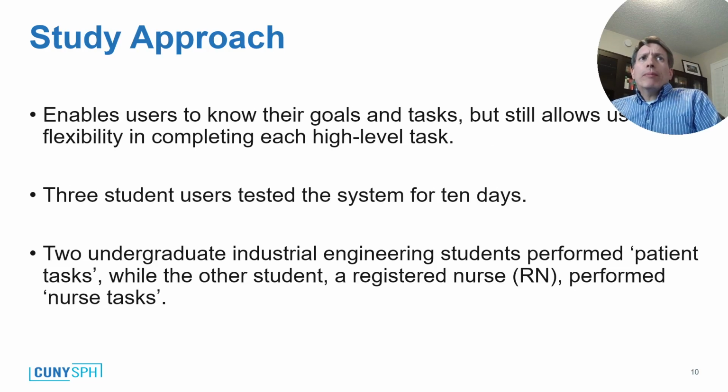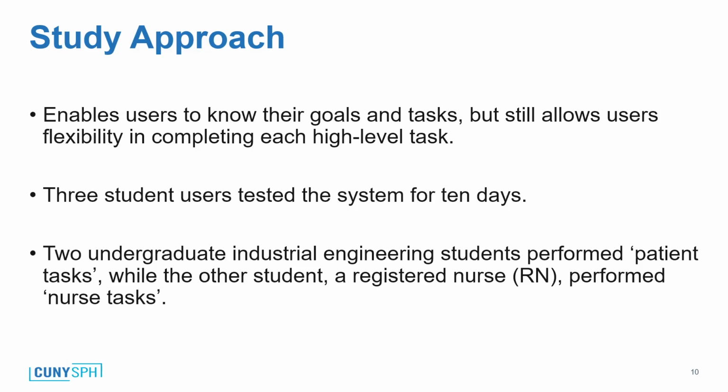Then what is the study approach? They wanted to enable users to know their goals and tasks, but also they wanted to allow users to have some flexibility when interacting with the system and completing different tasks in the process.